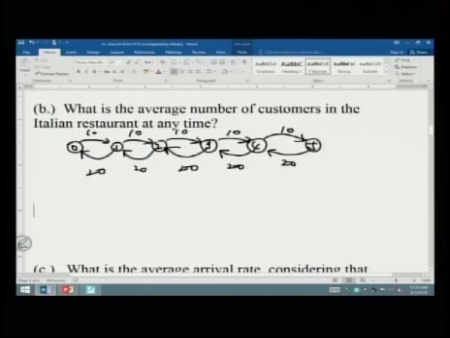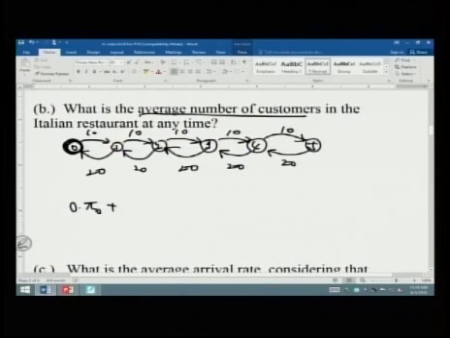It just asks you the number of customers in the restaurant at any time. So if you are in state number 0, how many customers are there? 0, right? So the average number of customers in this restaurant would be 0 times pi 0.